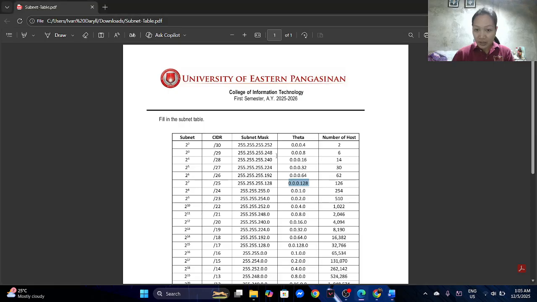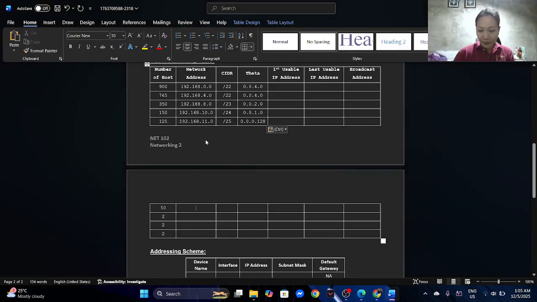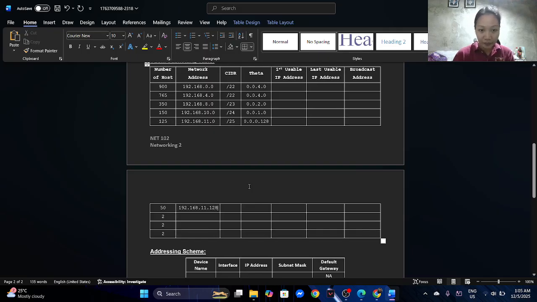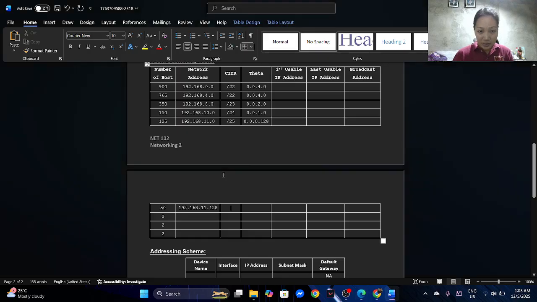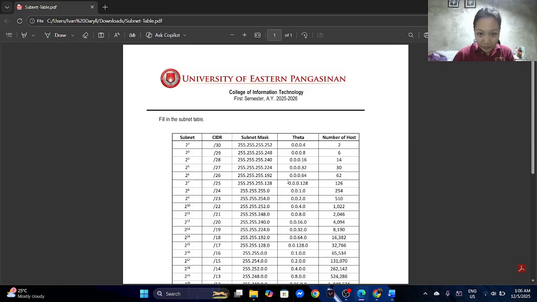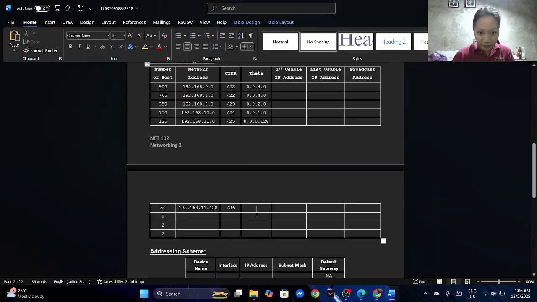For the host 50, 192.168.11.128, CIDR is /26, and the theta is 64, 0.0.0.64.